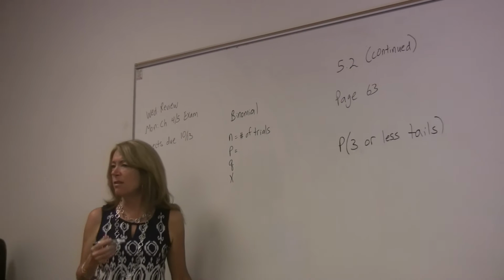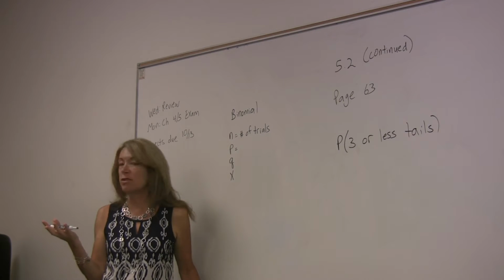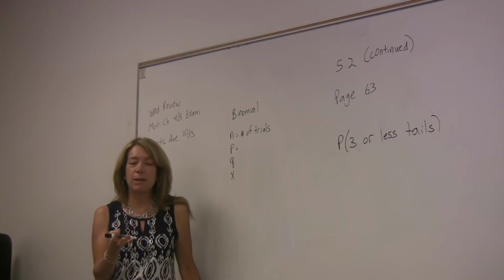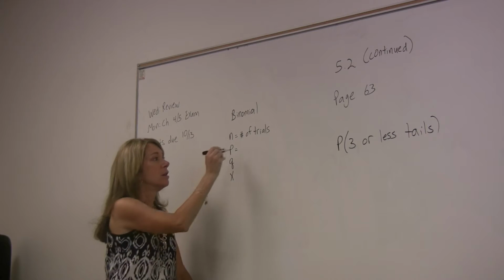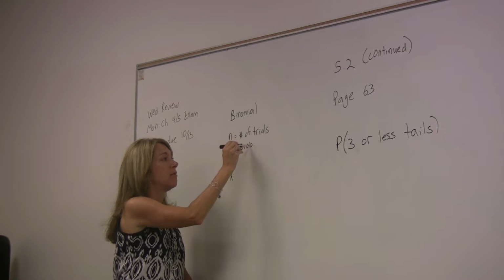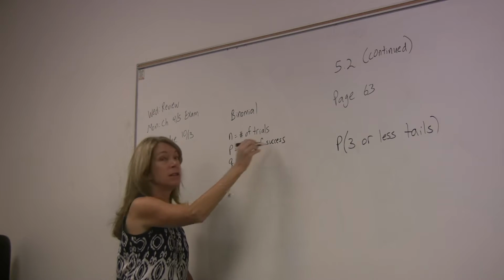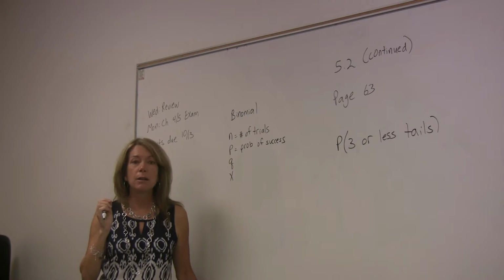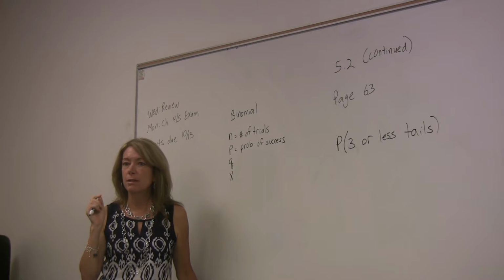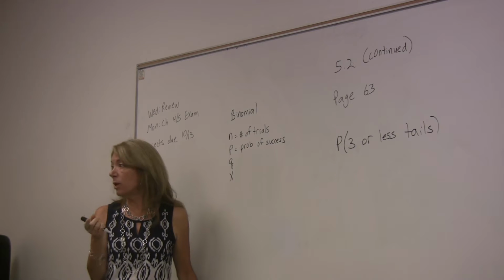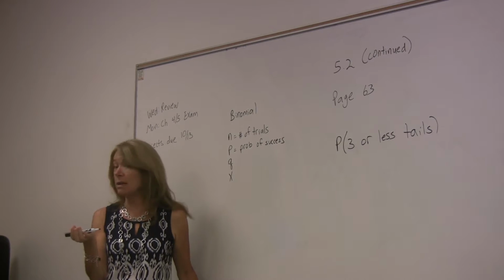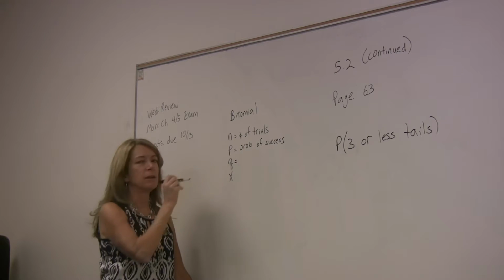What was P? Probability of a success, so the probability of a yes to whatever the question might be. If it was the probability of flipping a tails, what would that have been? 50% or 0.5 or 1/2, however you want to write it. What's Q in words?